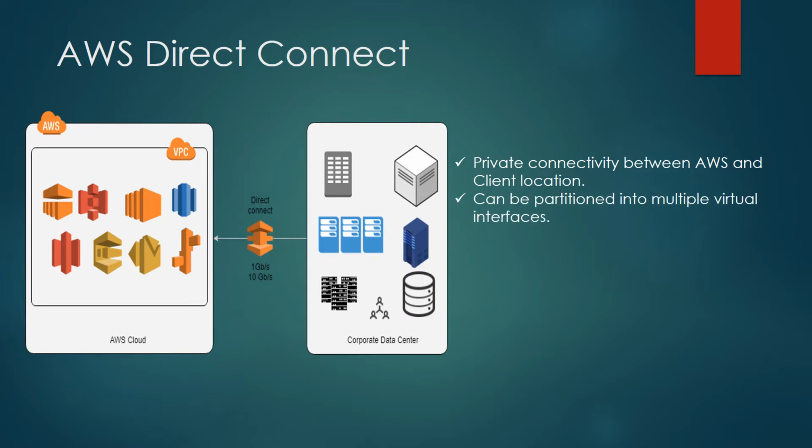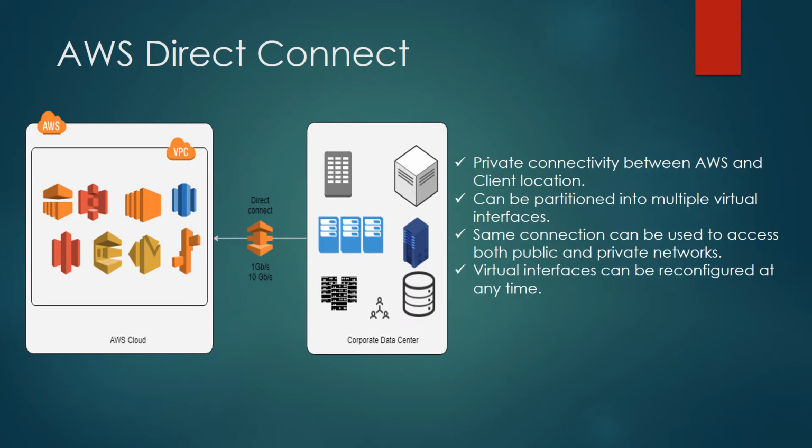Using industry standard 802.1q VLANs, this dedicated connection can also be partitioned into multiple virtual interfaces. This allows you to use the same connection to access both the public resources and the private resources, while maintaining network separation between public and private environments. Also, the virtual interfaces can be reconfigured at any time to meet your changing needs.